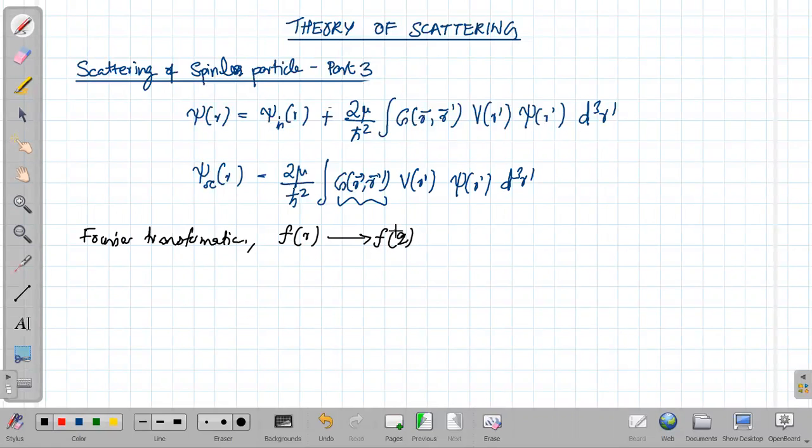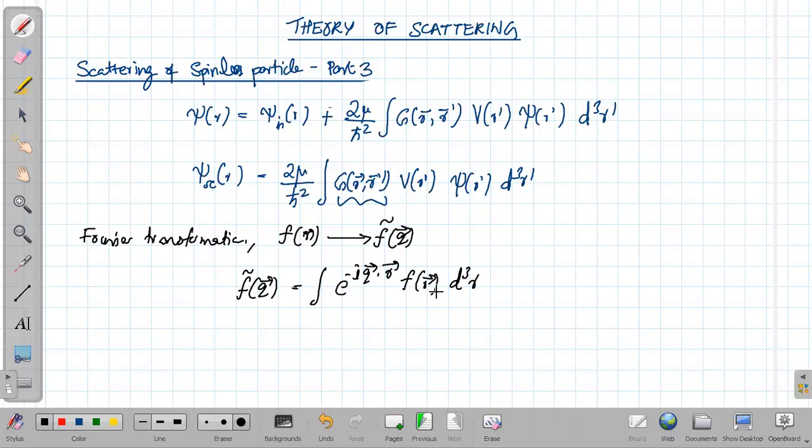So f of r can be converted to f tilde of q, which is called the Fourier transform of the function f of r, defined as f tilde of q equals integral e raised to minus i q dot r f of r d cube r. This way you can convert your function based on r, the real basis, into a reciprocal basis q.